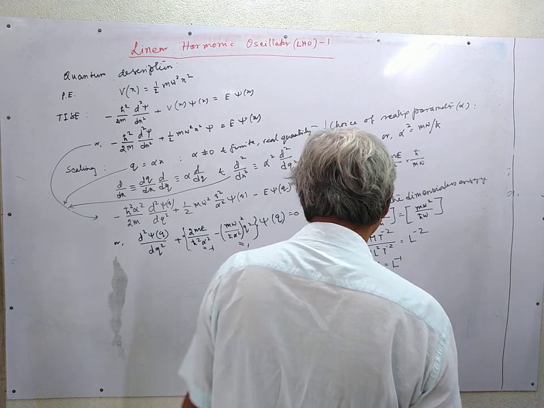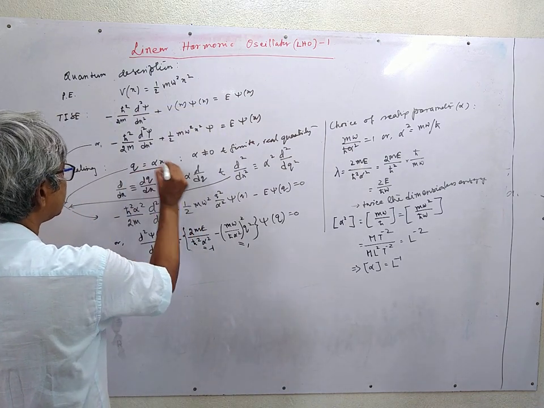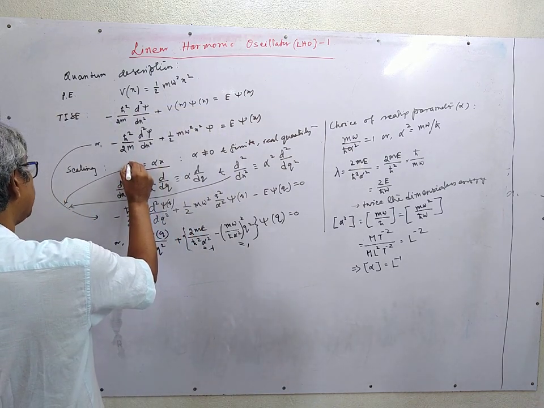So it is L inverse squared. So the quantity that we have introduced is a dimensionless position.